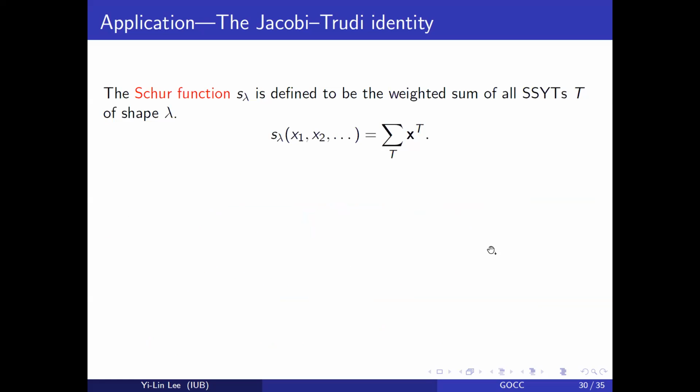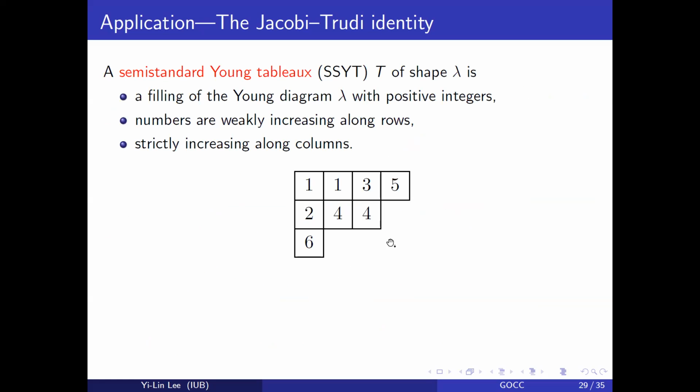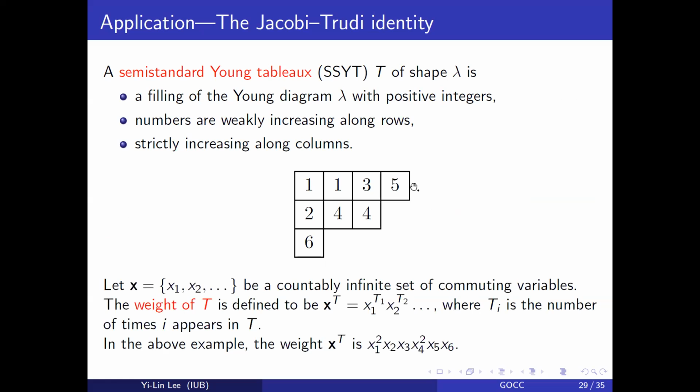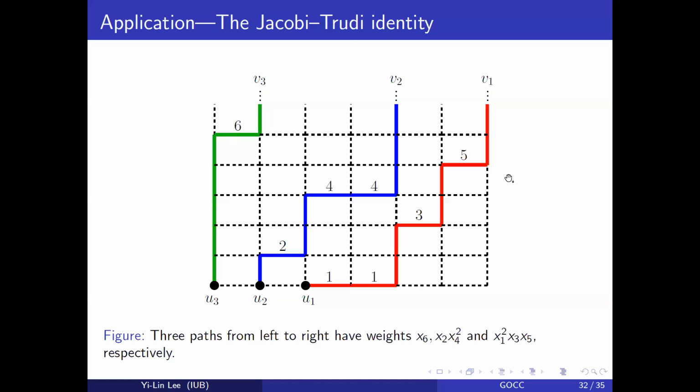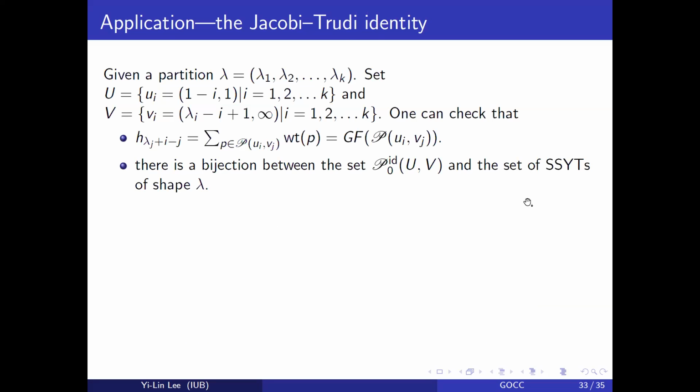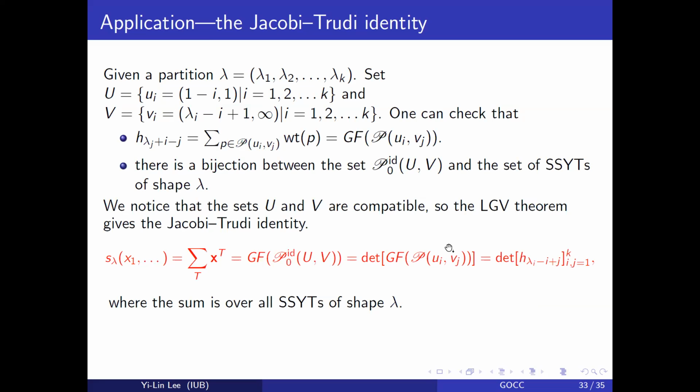So actually, this is exactly this semi-standard Young tableau: 1135 in the first row, 244 in the second row, and 6 in the third row. Okay, so there's a bijection between them. And the good thing is that the sets of u and v, the starting and ending points, are compatible in this case. So the Lindström-Gessel-Viennot theorem works. How does this work?